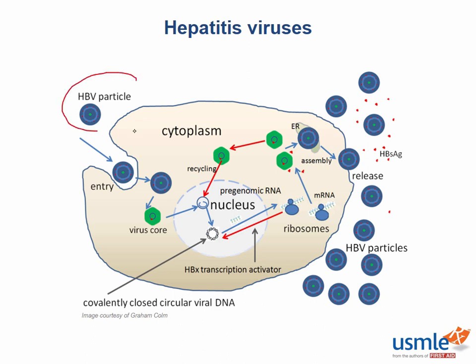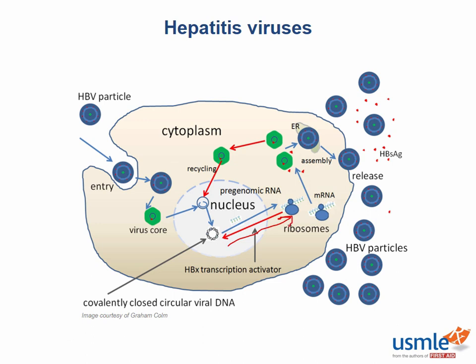When the virus infects the host cell, its first order of business is to enter the nucleus and convert that partially double-stranded DNA into a complete double-stranded genome using the DNA polymerases. So we can see here, viral DNA is converted into a complete double-stranded DNA. Now, with this double-stranded DNA in the nucleus, it is transcribed into mRNA as normal.